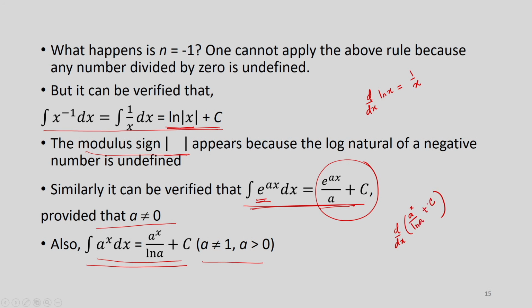This is a constant term, it will come out. d/dx of a^x, what is that? It is log a times a to the power x, plus 0, right. And so, log a will get cancelled. So, you are going to get simply a to the power x, which is the integrand on the left hand side. So, this formula is in order.